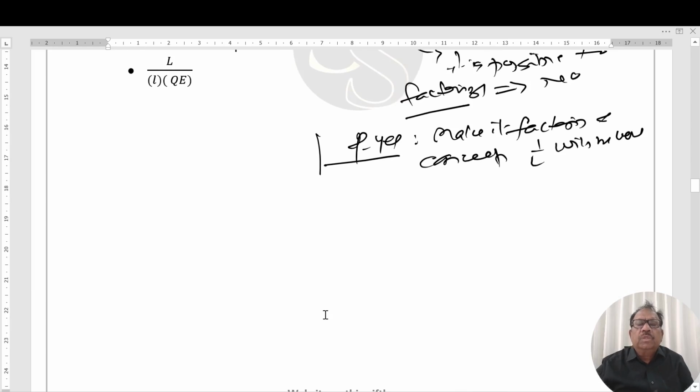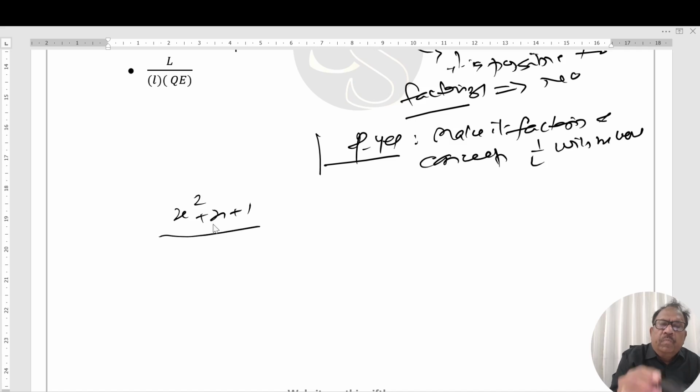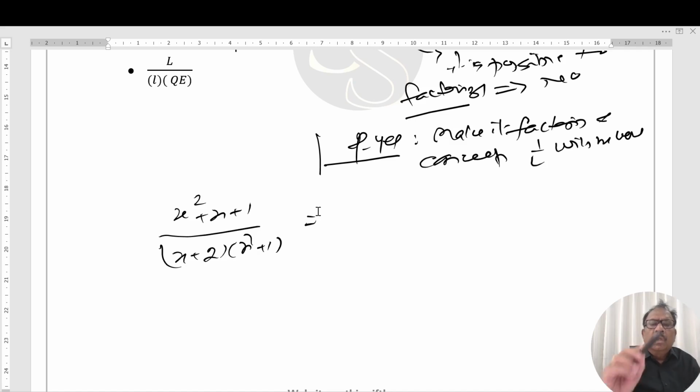Now, the question is (x square plus x plus 1) divided by (x plus 2)(x square plus 1). The power of the numerator is less than the denominator.